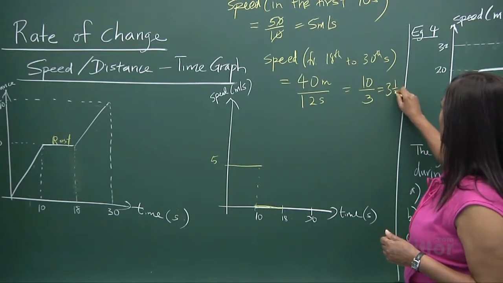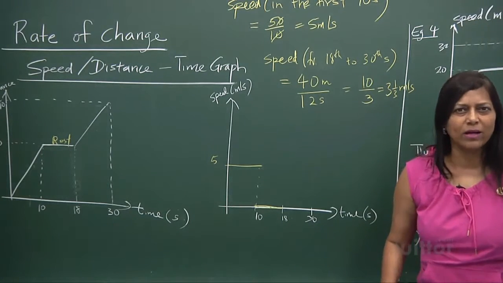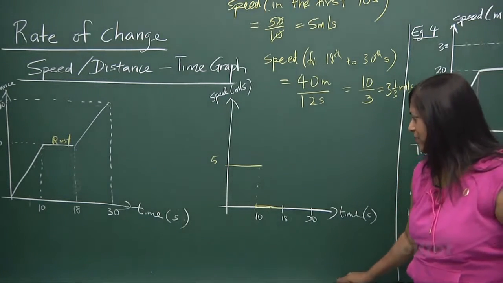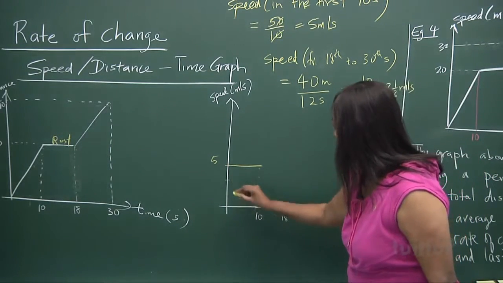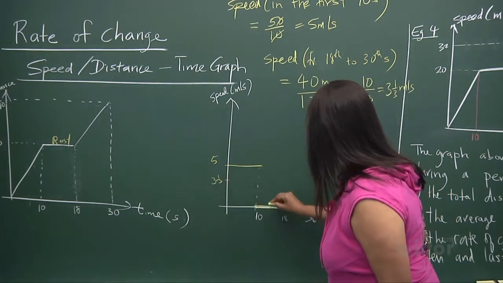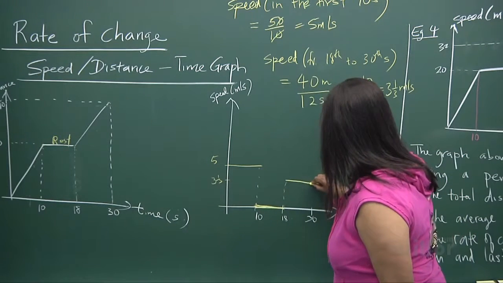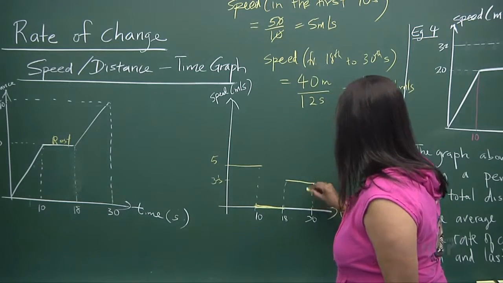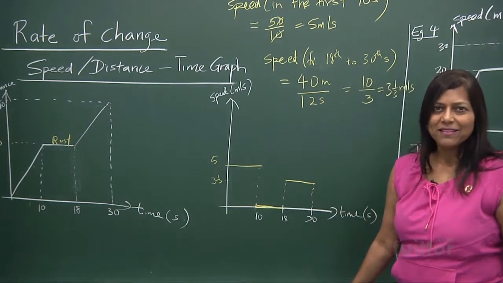It's 3 and 1/3 meters per second. It's slower in the next part of the journey. So I shall put it as 3 and 1/3. This is 0, and this goes up to 3 and 1/3. That's what you get. Have you got it?